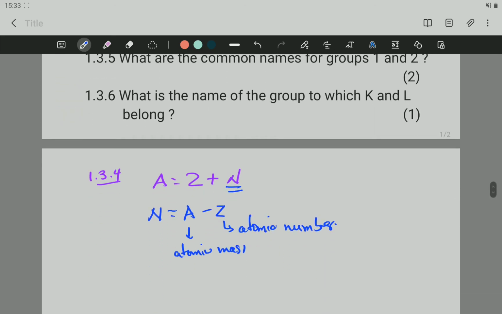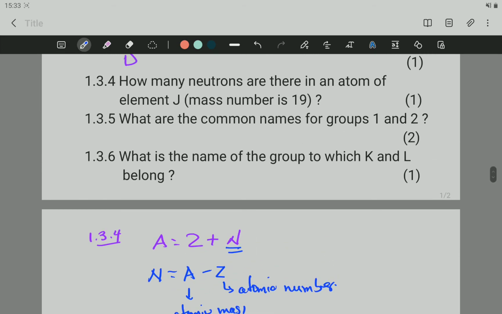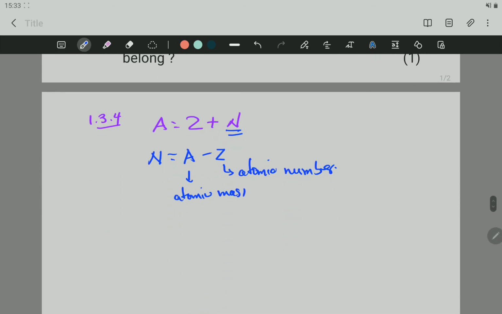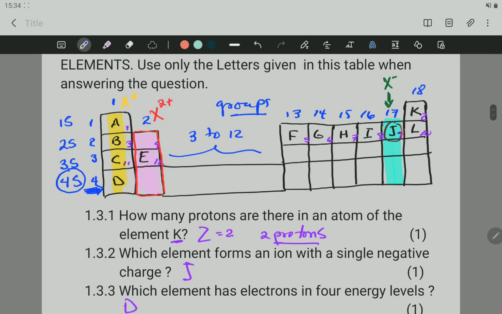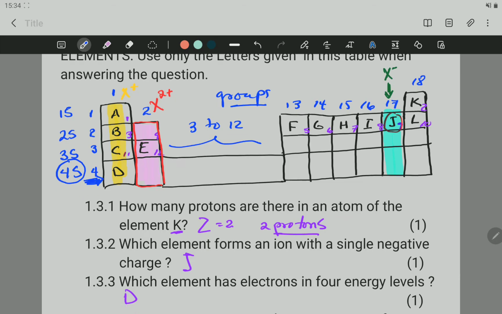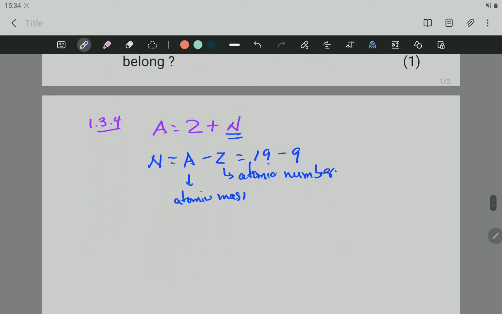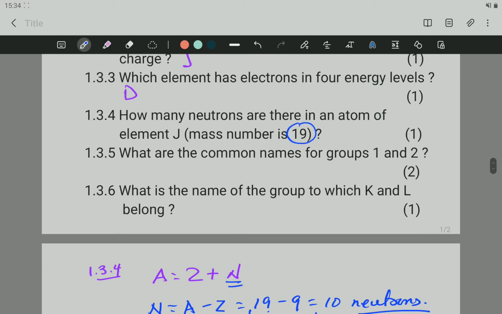So A, which is 19, is given to you, is equal to 19 minus 9, the atomic number. Once again, we start counting from A: 1, 2, 3, 4, 5, 6, 7, 8, and 9. It has 9 protons. So it's minus 9, and therefore it is 10 neutrons. I really apologize about my voice. I cannot sort it right now, but I think it's important to carry on doing some questions.